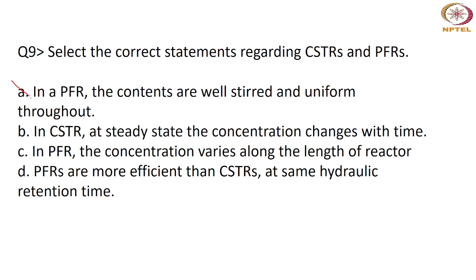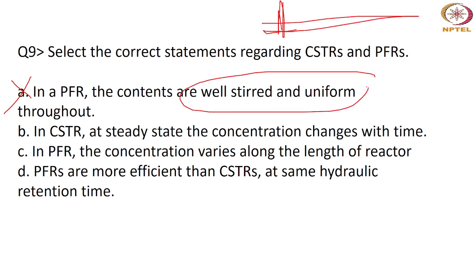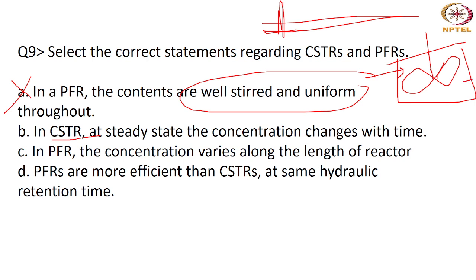See, this one is totally incorrect because in PFR it is vertically mixed but not horizontally, so it's not uniformly stirred or mixed. In case of CSTR, once the concentration is coming in and I have the continuous stirring equipment, just after entering it gets the same concentration everywhere.